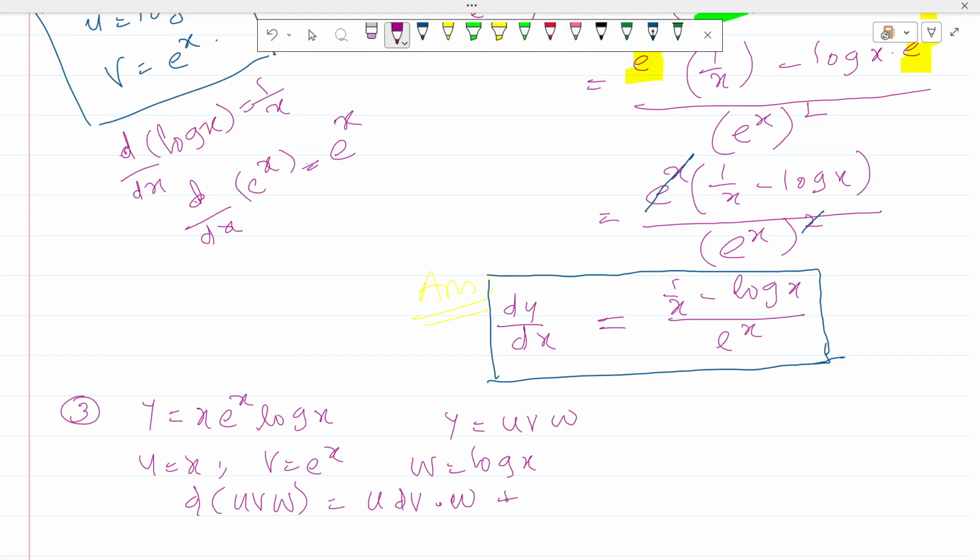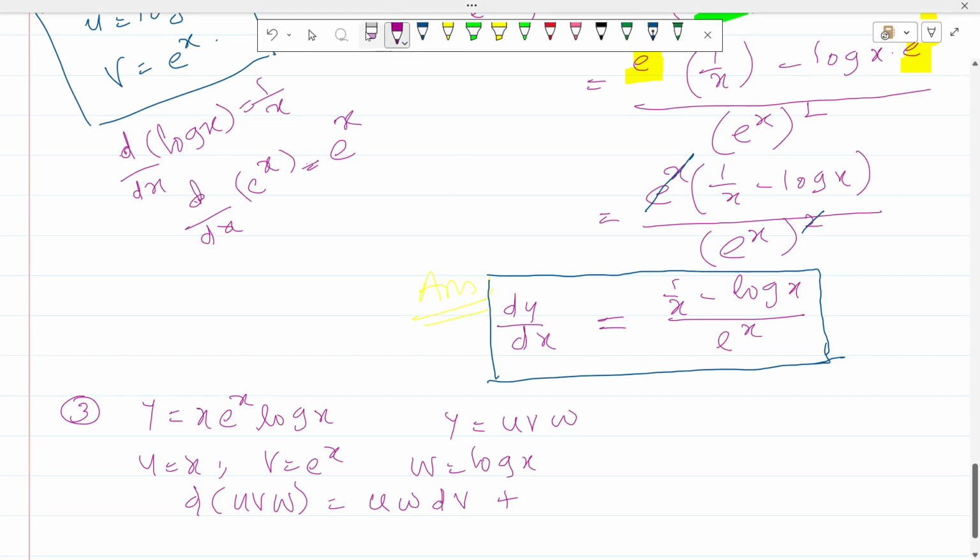Similarly, first you keep uw, then differentiation of dv. Otherwise, one by one we can do.